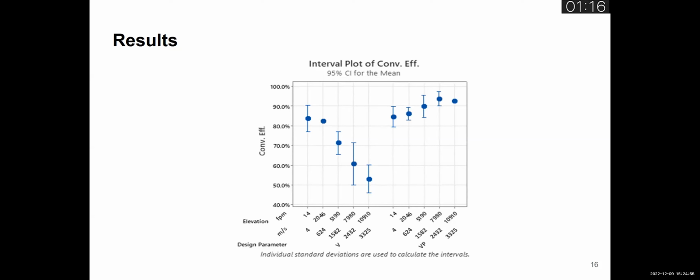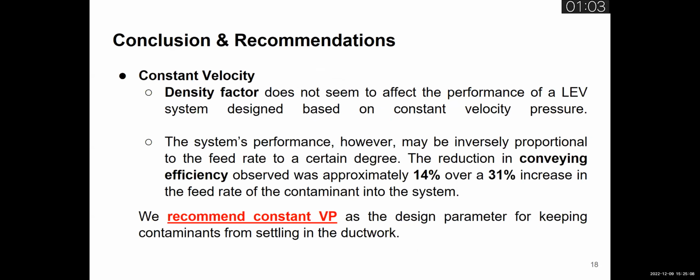Here we can see an interval plot, 95% confidence interval, for velocity on the left and velocity pressure on the right, showing that our velocity pressure hypothesis is more appropriate for the design.